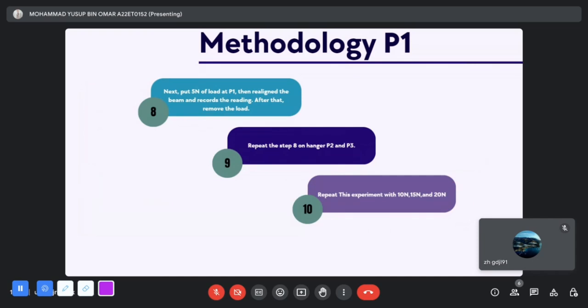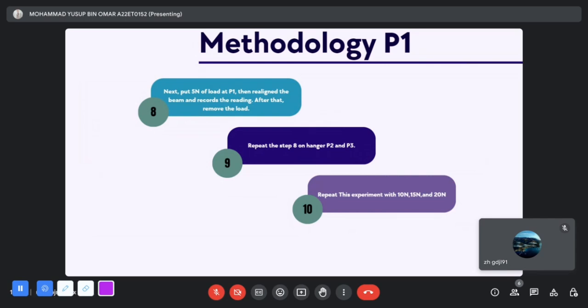After we record the initial value, we put 5 Newton of load at P1. After we put it, we need to realign the beam and record the reading. After that, we need to remove the load.